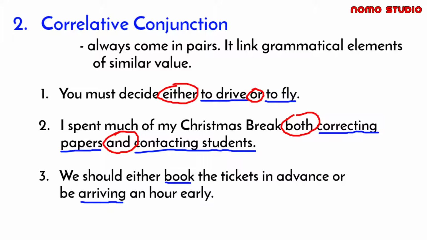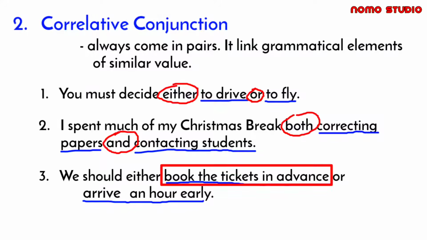It should be like this: we should either book the tickets in advance or arrive an hour early. These 2 must be parallel. If the first part does not end in ing, then the second part after the correlative conjunction must not end in ing either. That's it. Very simple.